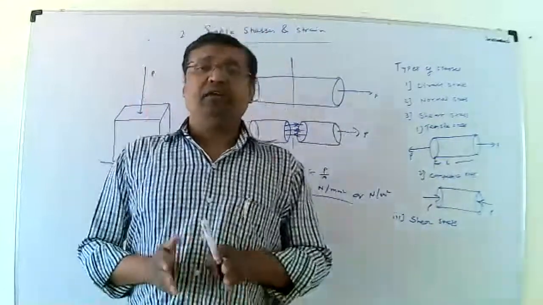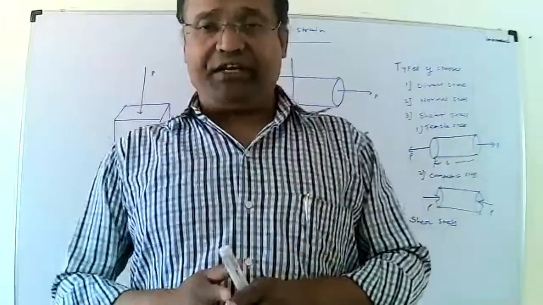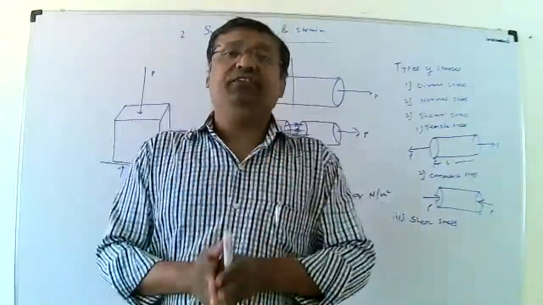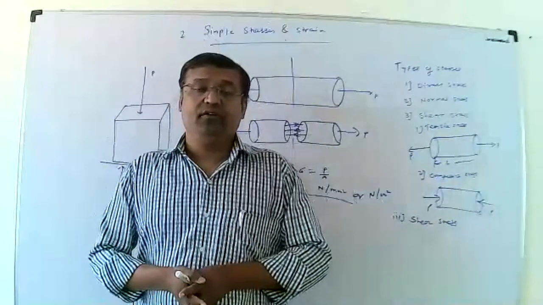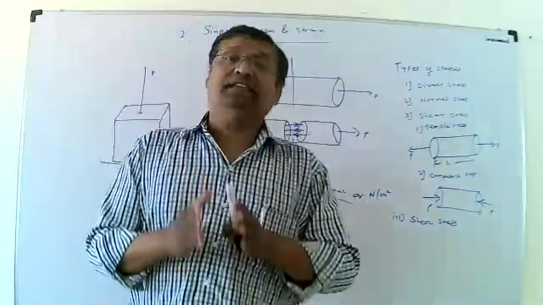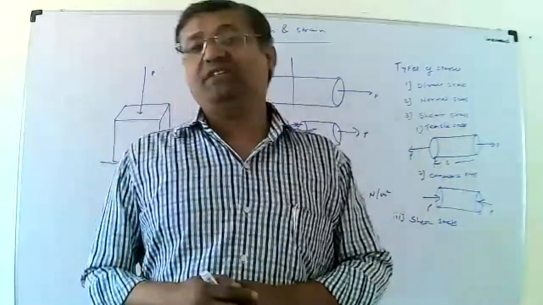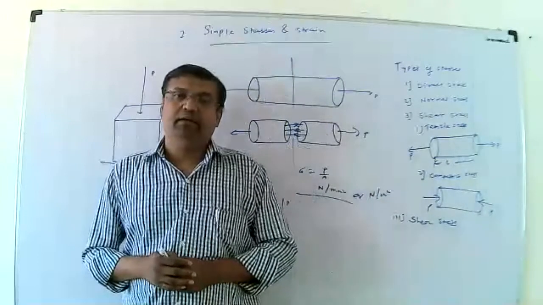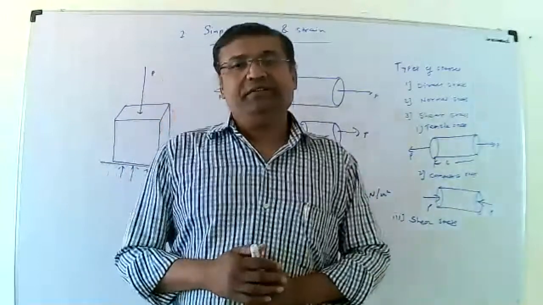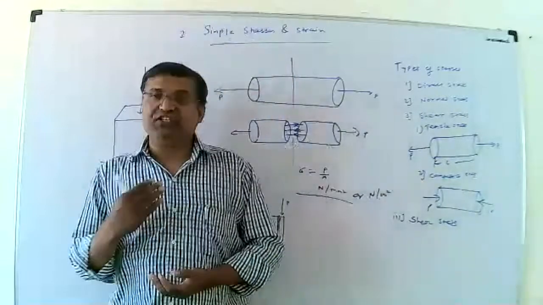A direct load is a load whose line of action coincides with the axis of the member. A direct load always acts at the middle or centroid of the section of the body, and an eccentric load acts away from the centroid of the section.